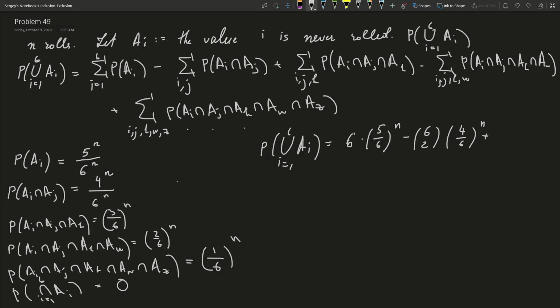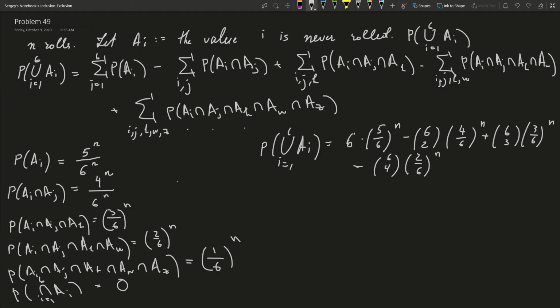Plus, looking at triple intersections, how many ways are there to select these indices i, j, k out of 6 possibilities? 6 choose 3, times 3 over 6 to the n. Minus, now quadruple intersections. There are 6 choose 4 ways to select those, and the probability of a quadruple intersection is 2 over 6 to the n.